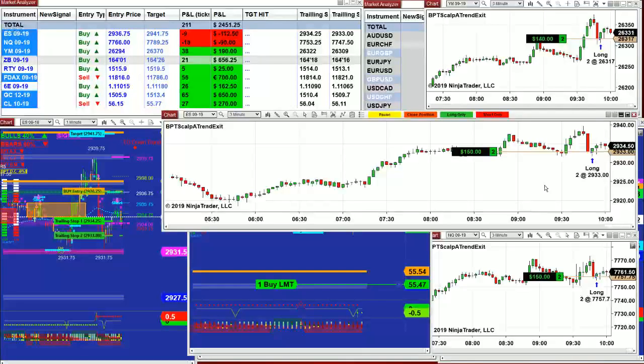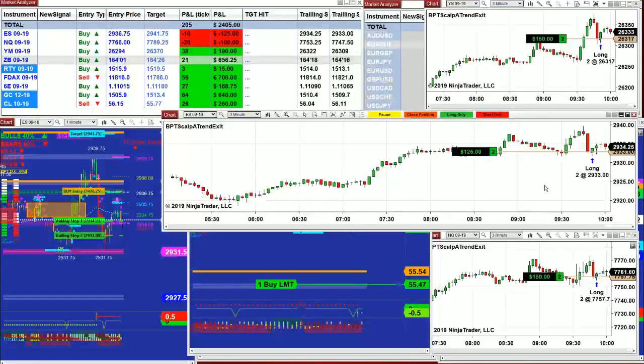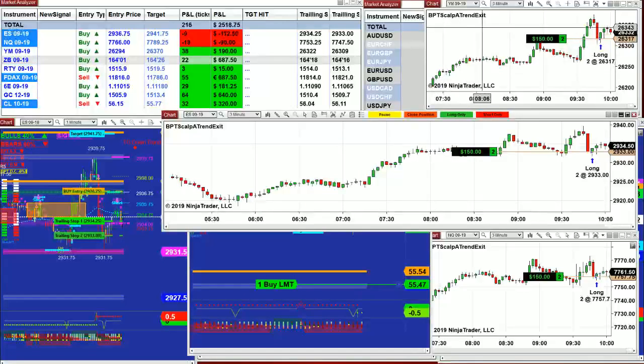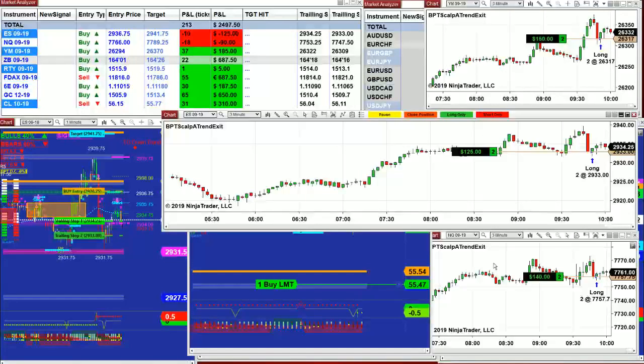But if you're getting scared and you say, you know what, I have 125, I better get it, it seems like the market is sinking, you can close the position here. I have 125 here, I have $150 here, I have 150 here. This is $300, $450.